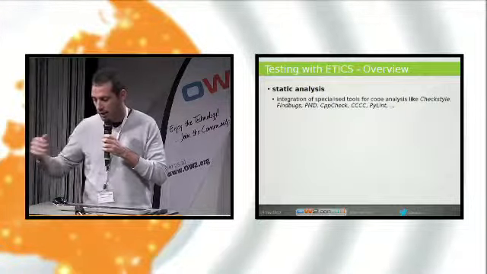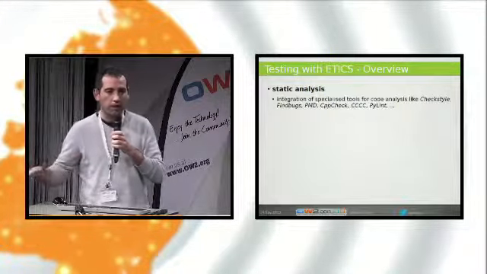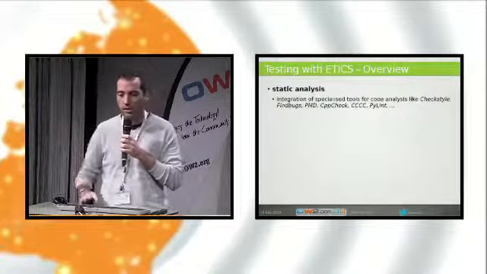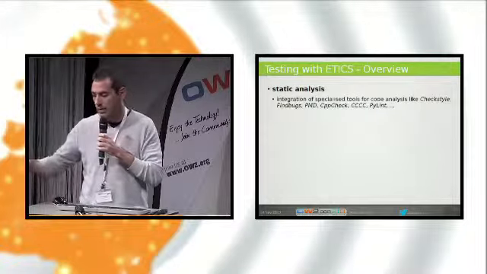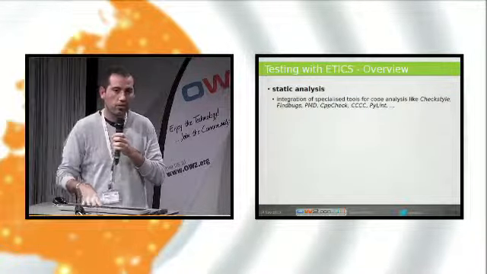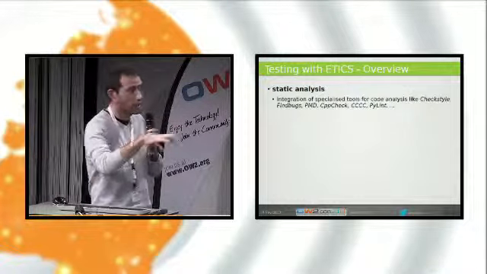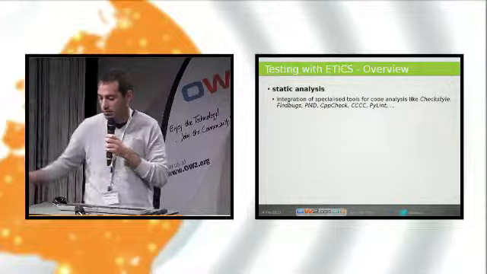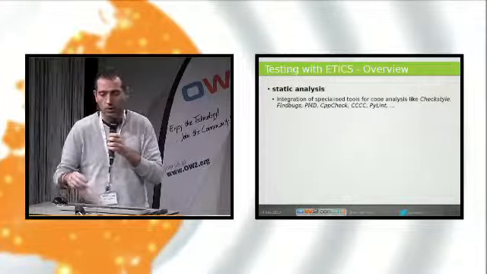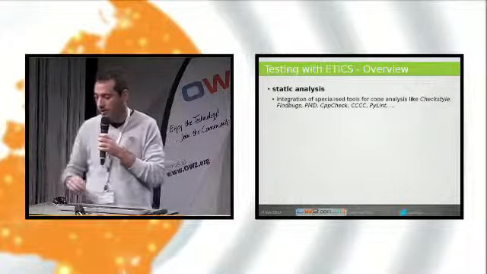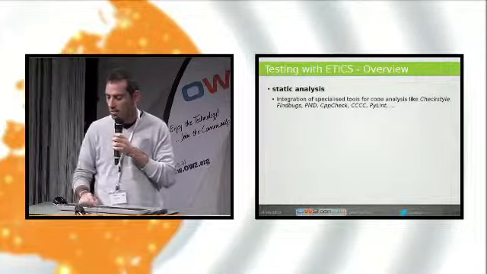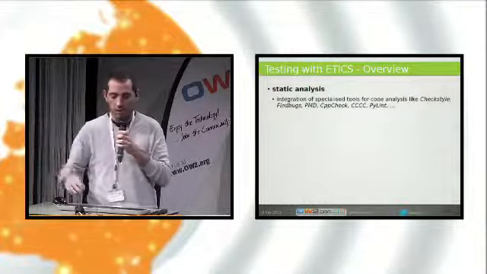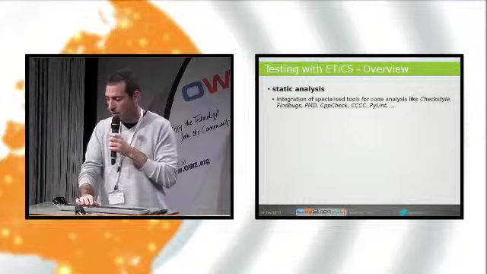Coming to the testing capabilities of the system, there are different kinds of tests supported by the tool. We start from the static analysis of the source code. As I said, through the plugin mechanism, we integrate testing tools for static analysis, like Checkstyle, FindBugs, PMD, and CppCheck for different languages, of course, and these are the most popular.